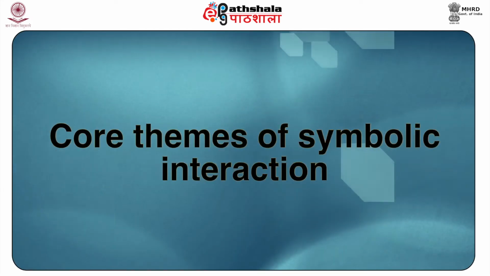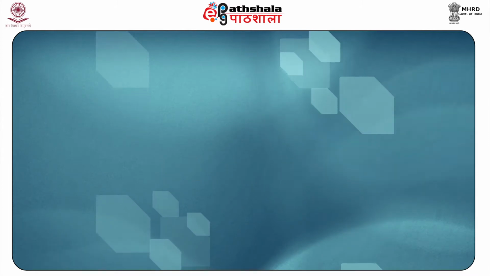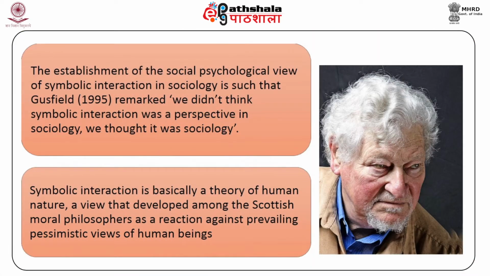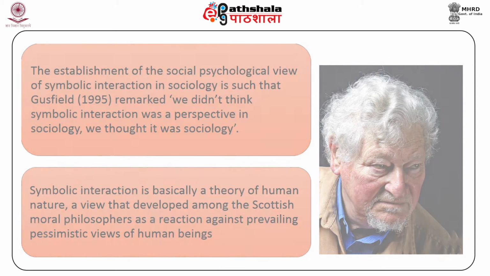Core themes of symbolic interaction. Symbolic interaction is basically a theory of human nature, a view that developed among the Scottish moral philosophers as a reaction against prevailing pessimistic views of human beings.